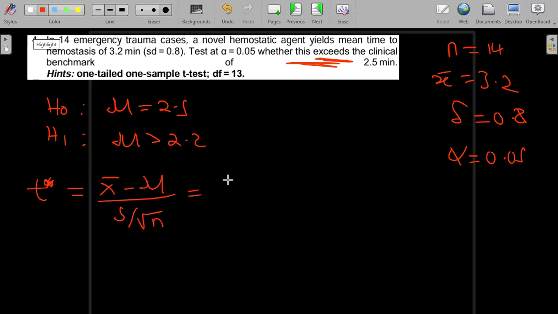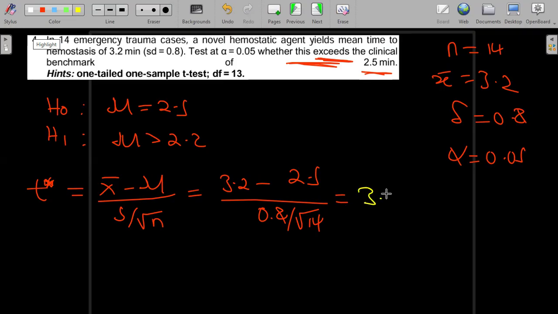So it is 3.2 minus 2.5, divided by the standard deviation over the root of n, where n is 14. This gives me 3.27. So this is the t calculated.